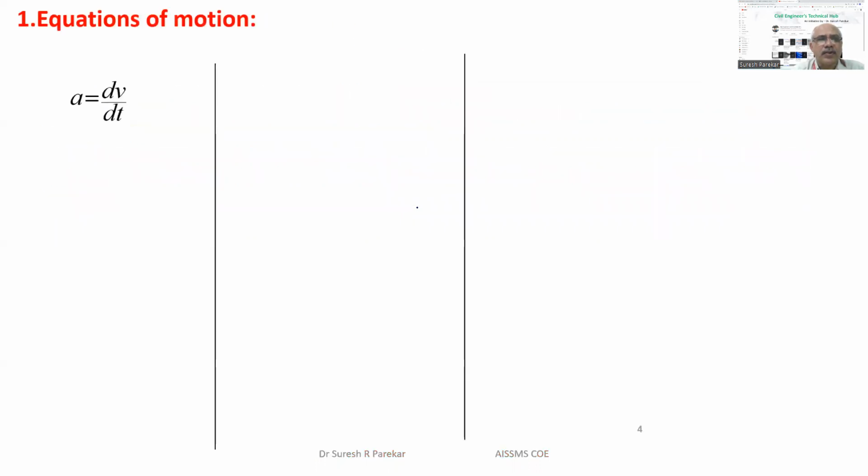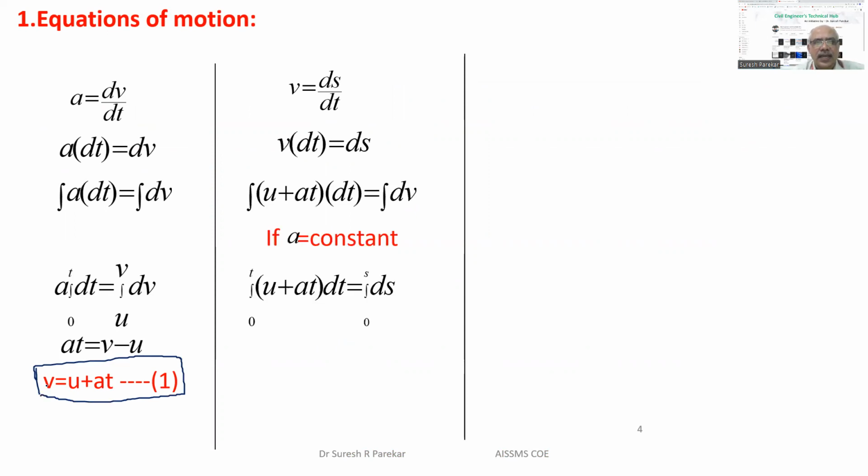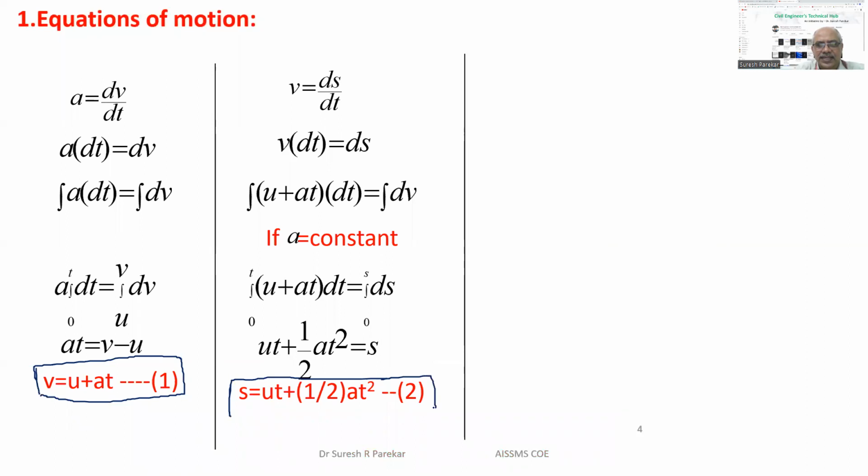Now, equation of motions we have already gone through. I will just revise it. This is the first equation, which is V equal to U plus AT, provided my acceleration is constant. That is most important. Second, we have A constant, and after that only we are going to use this equation, which is S equal to UT plus half AT square.